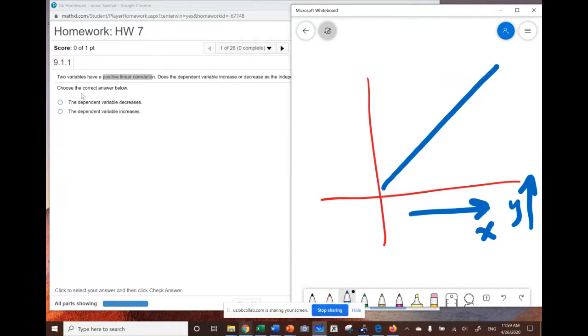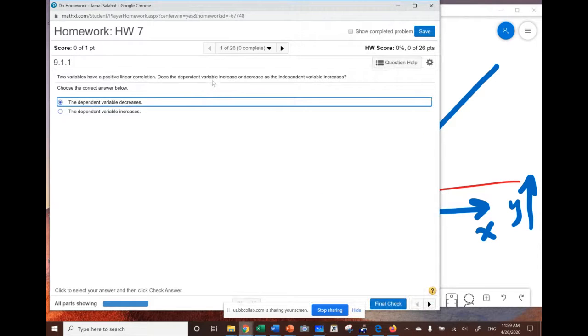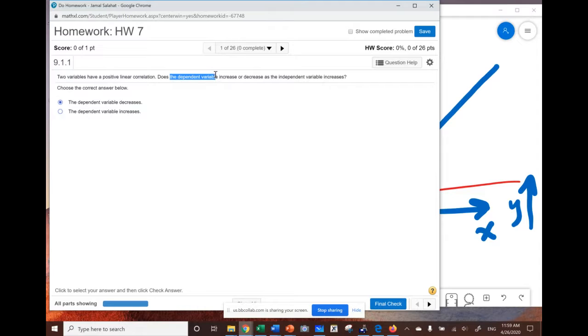So in this case, two variables have a positive linear correlation. The question in here is about y. What will happen to y as the independent variable increases, as x goes up?